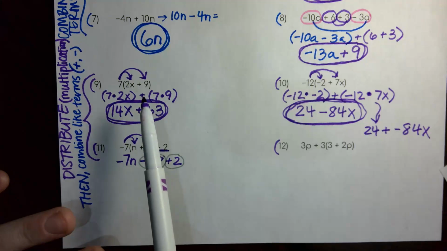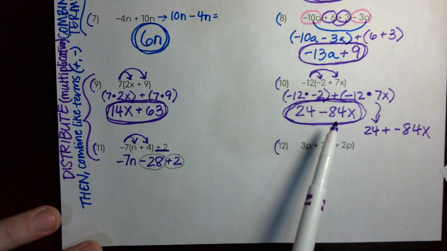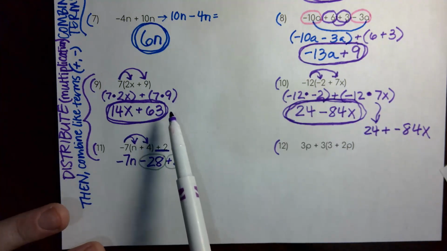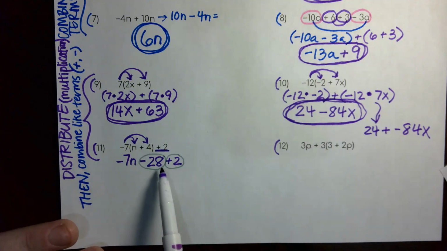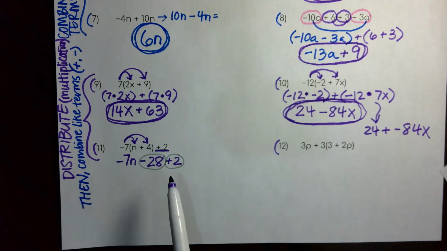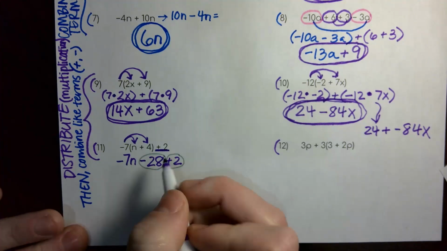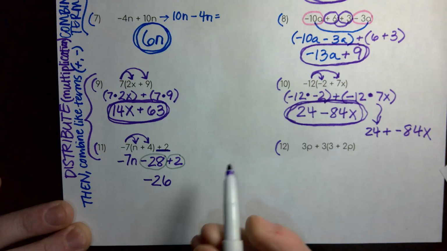So if we have an answer like 14x plus 63, or 24 minus 84x, these are not like terms, so there's nothing else we can do. 63 doesn't have an x, 24 doesn't have an x. The reason that we can combine these is because neither of them has a variable, so they're just regular numbers. And we can add and subtract regular numbers. So that's why we do the negative 28 plus 2, and we got negative 26, and then we're going to bring down our negative 7n.